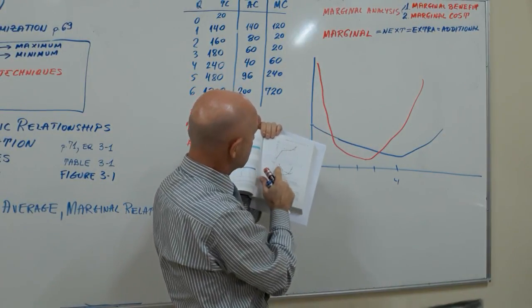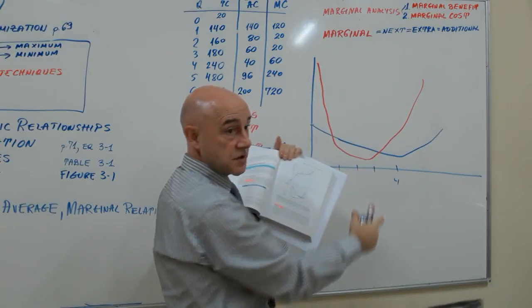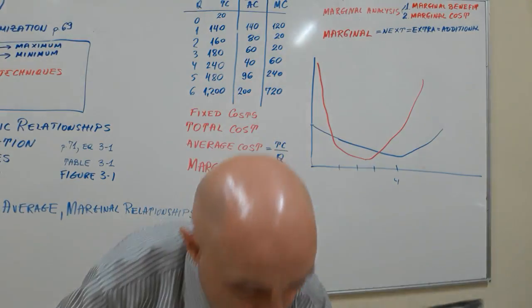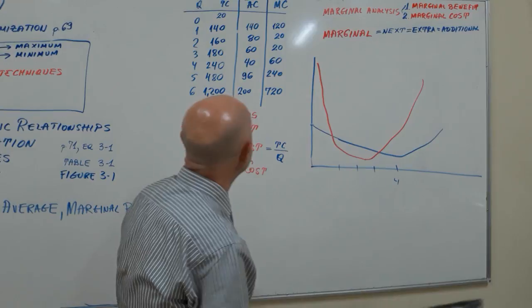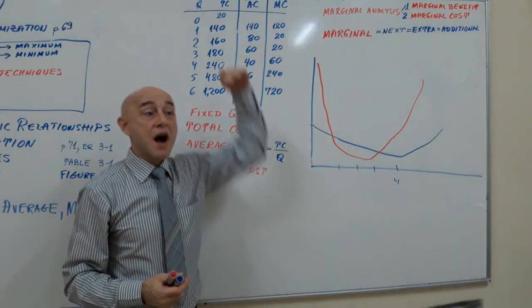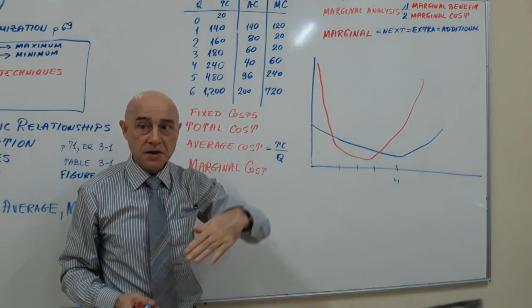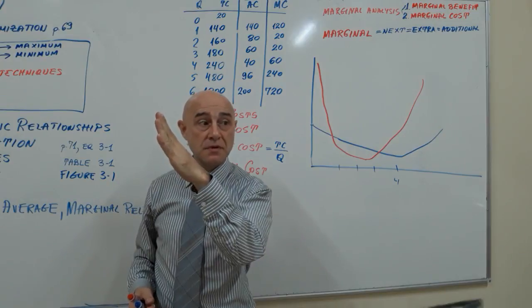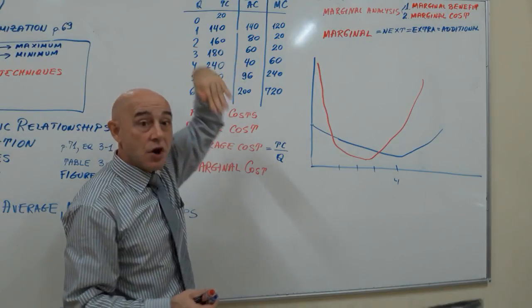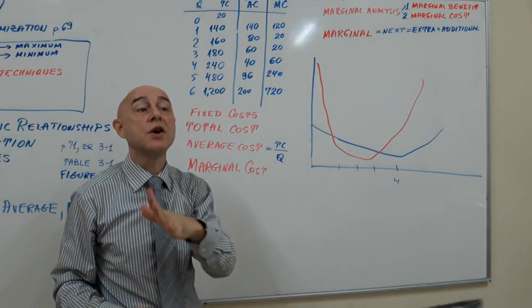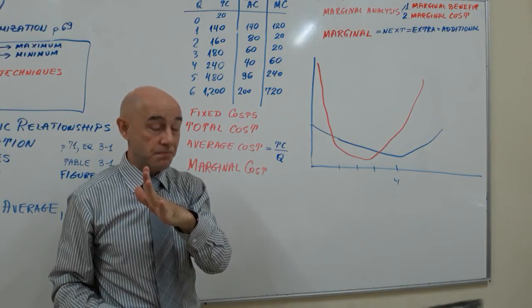And the blue one is here, the average cost. It's pretty much the same idea. So you have marginal cost falling and then going up, and average cost falling and then going up.